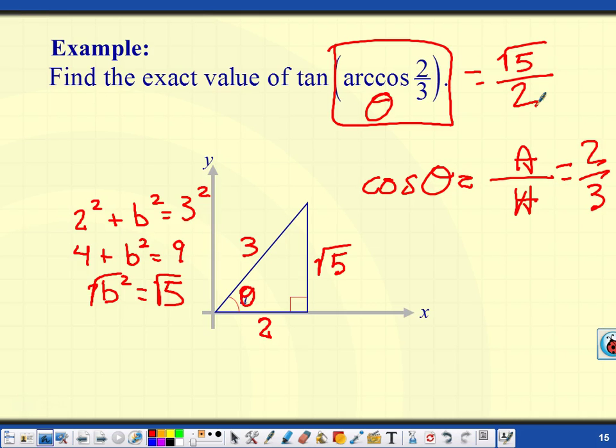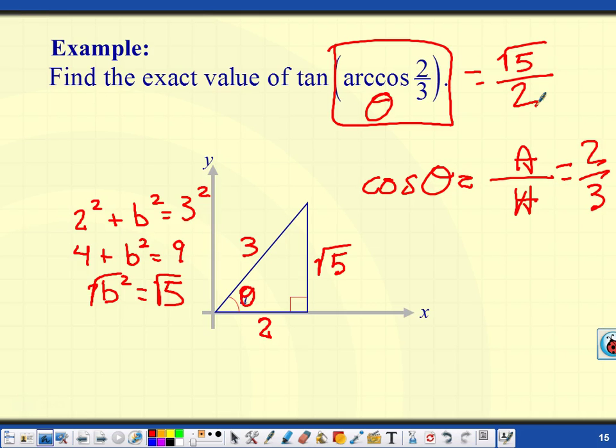If I knew whether tangent was positive or negative, that would help me. So this wouldn't be enough information to figure it out. They have to give you two pieces of information, because you have to know both if the cosine is positive or negative and if the tangent is positive or negative to decide which quadrant. Otherwise, you have two choices.